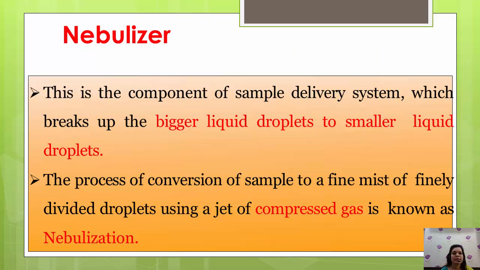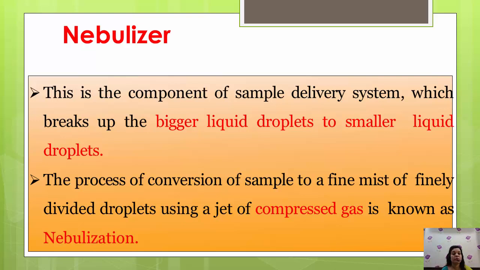Nebulizer. This is the component of the sample delivery system which breaks up bigger liquid droplets into smaller liquid droplets. The process of converting the sample to a fine mist of finely divided droplets by using a jet of compressed gas is called nebulization.